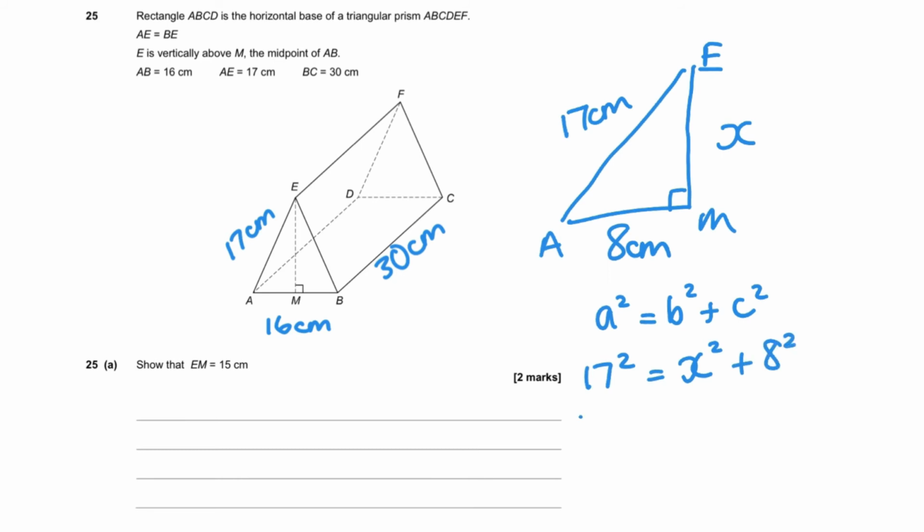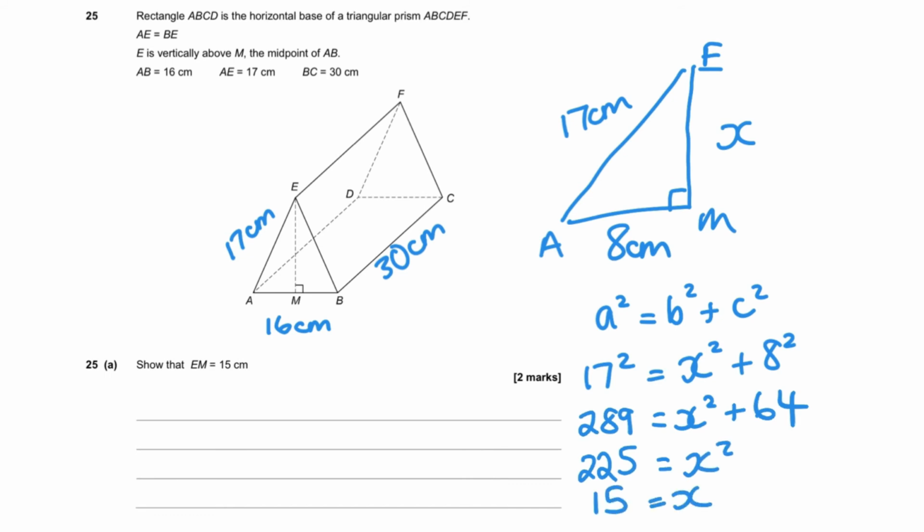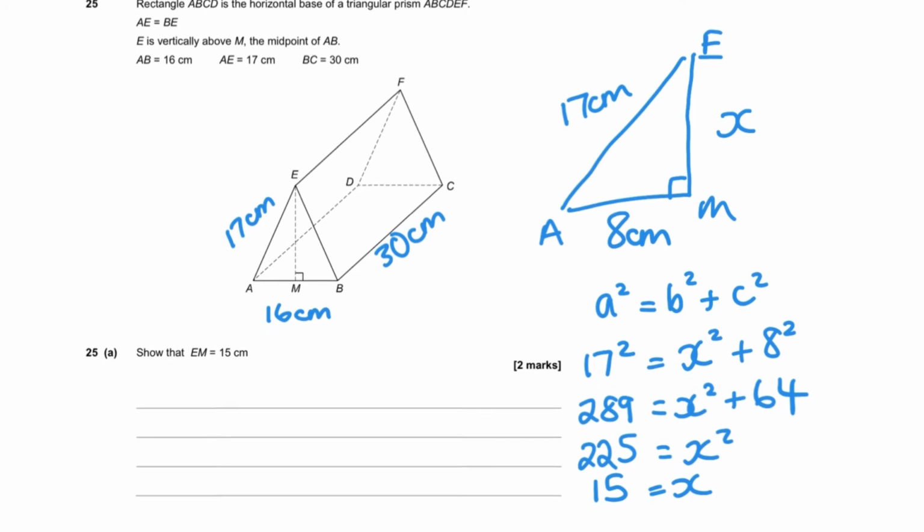So we can do 289 is equal to x squared plus 64. So if we minus 64 from both sides, we've got 225 is equal to x squared. So x is equal to 15, which was what we were looking for, so that's good. So let's move on to part B because that gets a little bit more complicated.